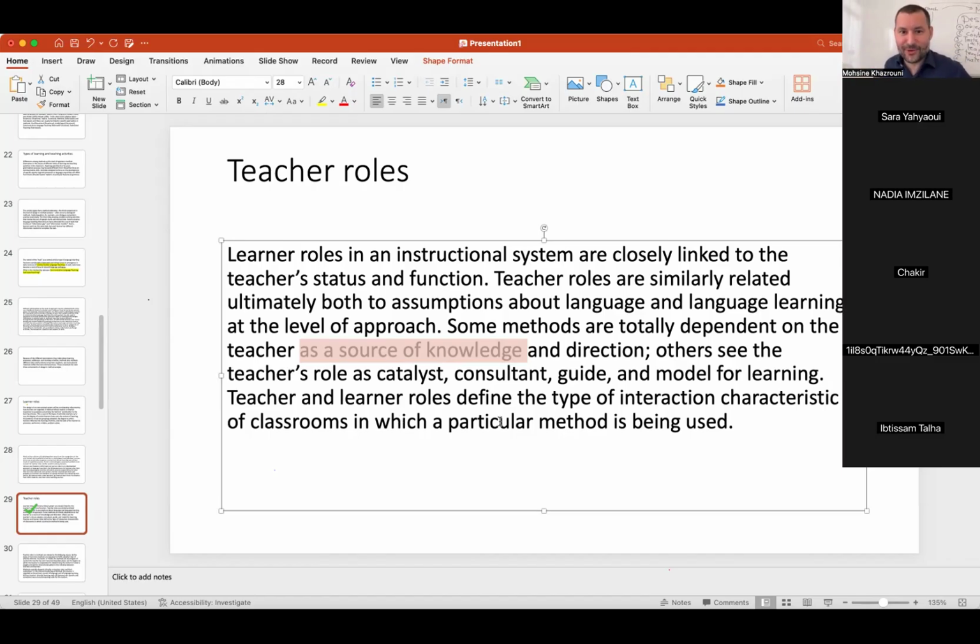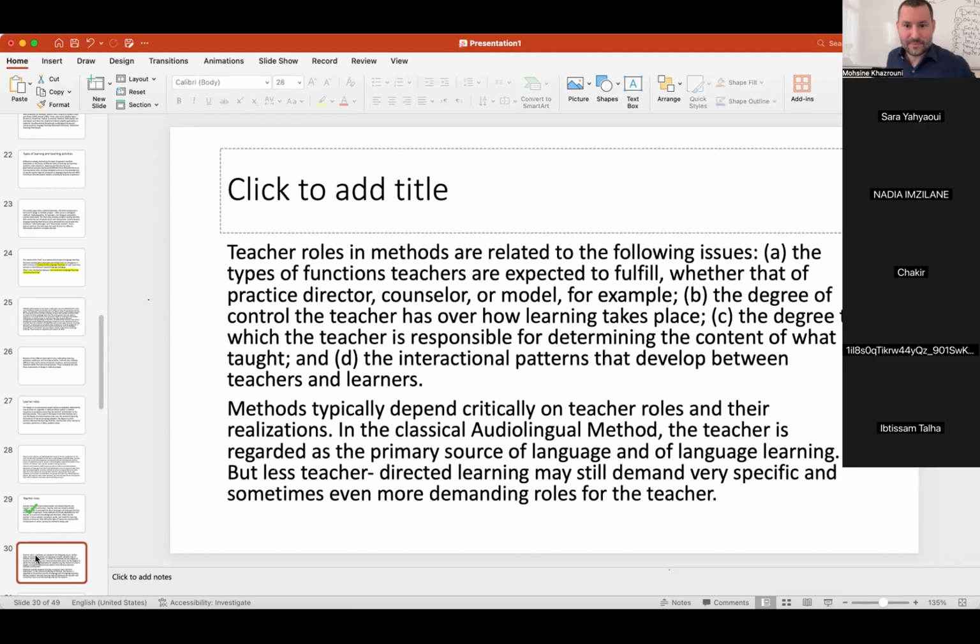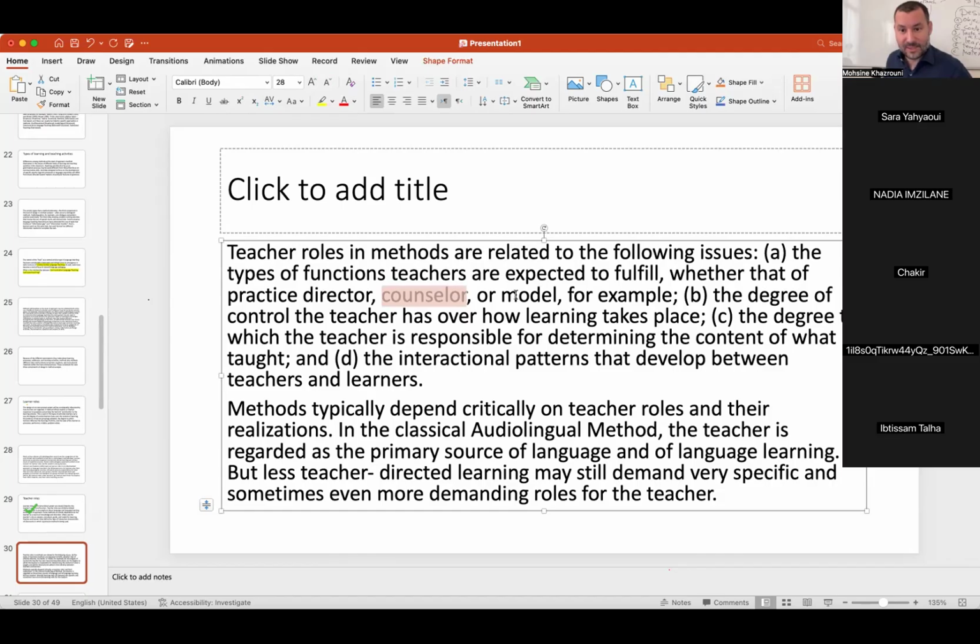Do you have any other role you believe that a teacher should have nowadays? The teacher can also be an advisor. An advisor or a counselor. Very good. So we have it here. A counselor, model, and so on.